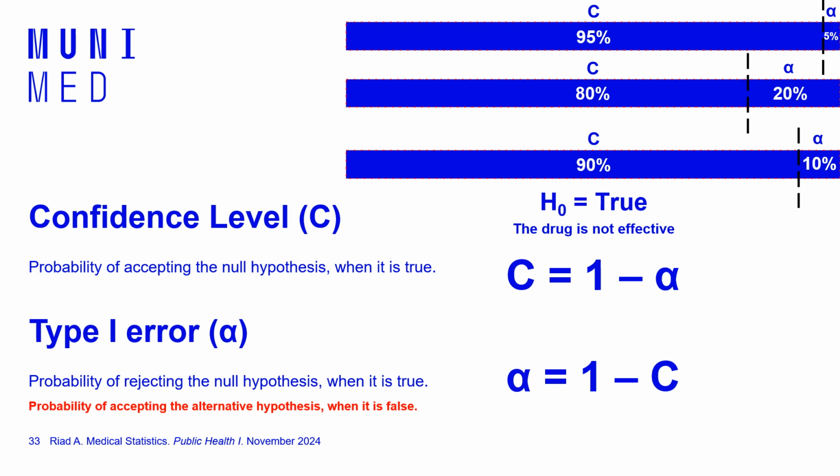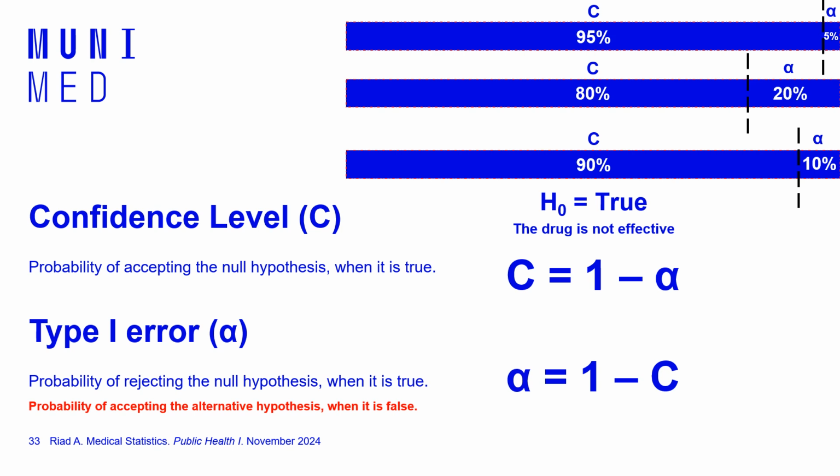Okay, so we say that after we do the research or the study, if we decided to accept the null hypothesis, it has to be true with 95% probability. And in case we rejected the null hypothesis while it was true, this mistake shouldn't be more than 5%. So think about it.